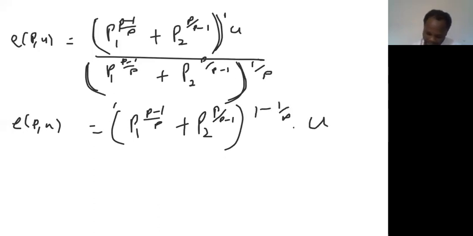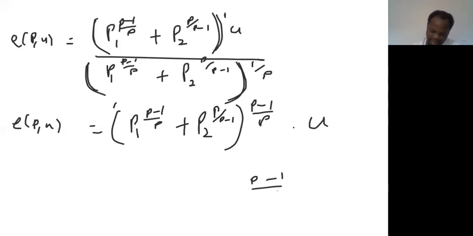Now 1 minus 1 over phi is the same as what? It's the same as phi minus 1 all over phi. So this expression here can be changed to phi minus 1 over phi. Now let's try to simplify this.